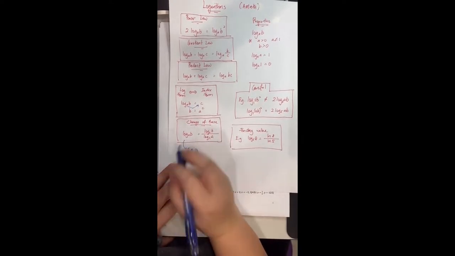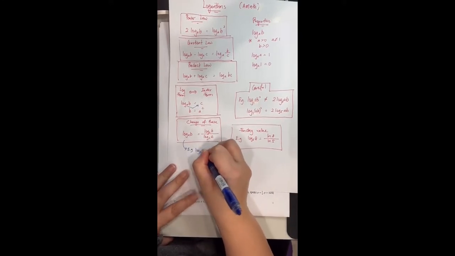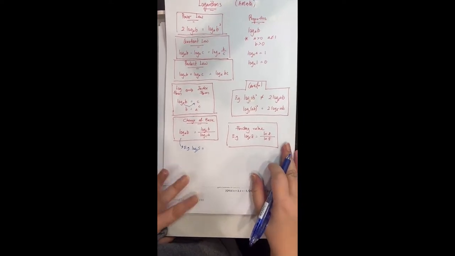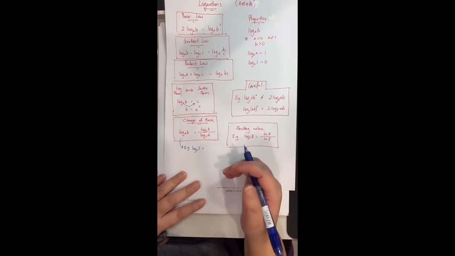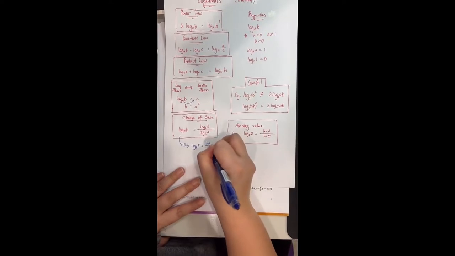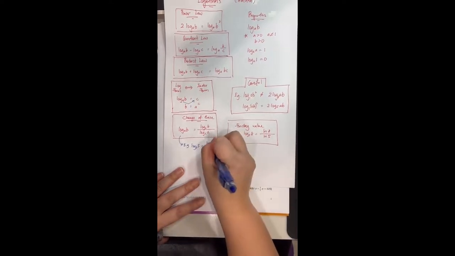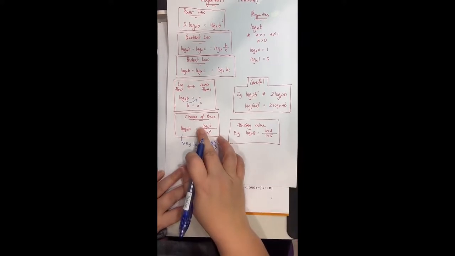If I have log base 3 of 5, and let's say I want to change to base 2, just an example only, I put base 2. My 5 is at the top, my 3 is here. So this is how you change the base. You understand?